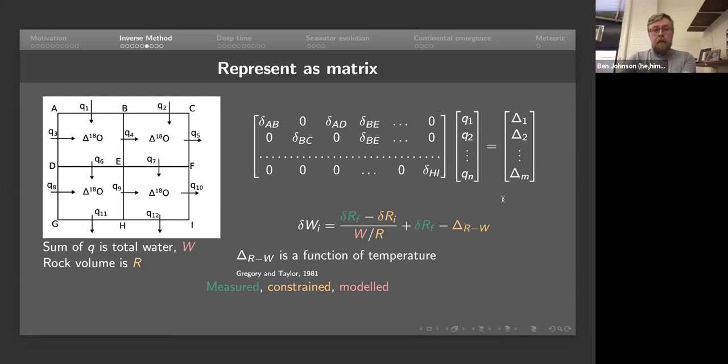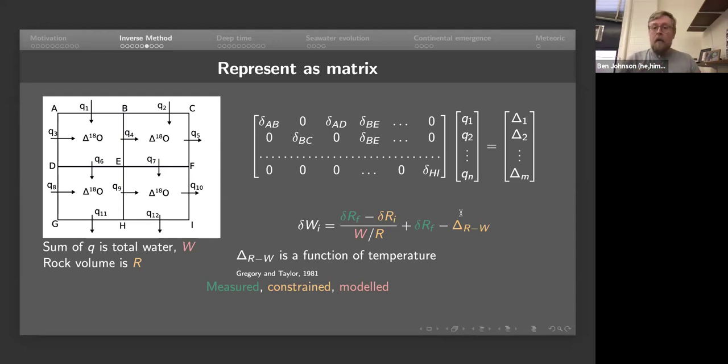And so we can apply standard inversion techniques to solve for this Q vector here. So what we're doing is using patterns and measurements of whole rock oxygen isotopes, and some independent constraint on the temperature of alteration, to invert and get the total amount of fluid that had to have flowed through this body of rock in order to produce these patterns at these given temperatures.